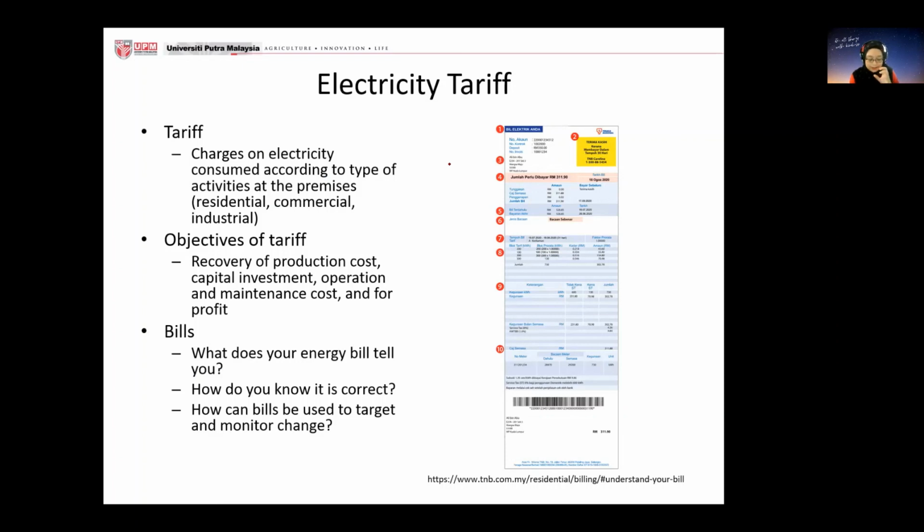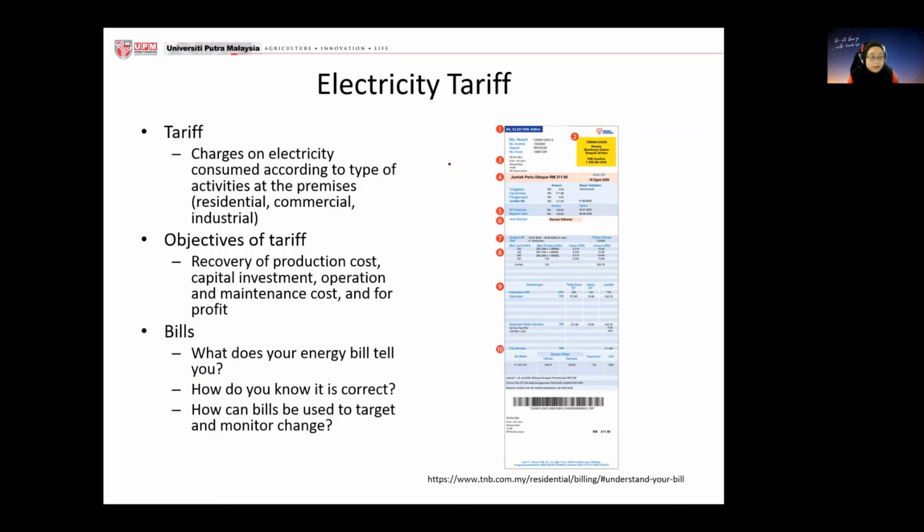So the rates are different whether you are a residential, commercial, or industrial customer. Basically, the objective of the tariff is that the production of energy requires cost, so people, investors, need to recover that cost. It includes production costs, capital investment, operation and maintenance costs, and of course profit.